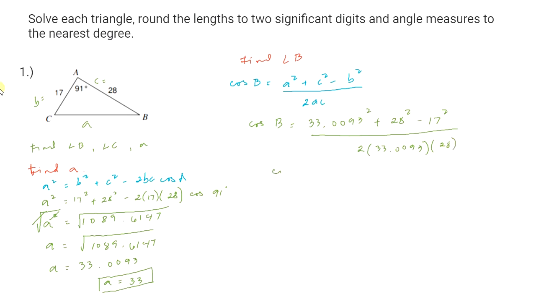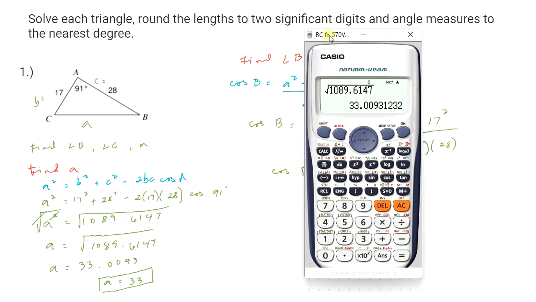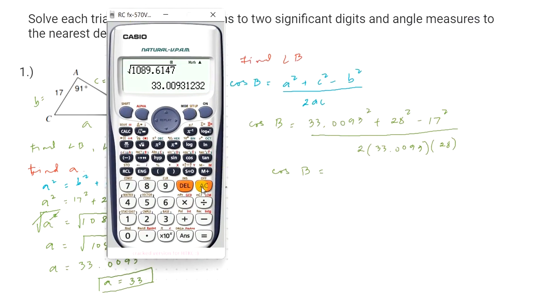So we have here cosine B is equal to, using our calculator. So we have a fraction. Let's have 33.0093 squared plus 28 squared minus 17 squared, all over 2 times 33.0093 times 28.